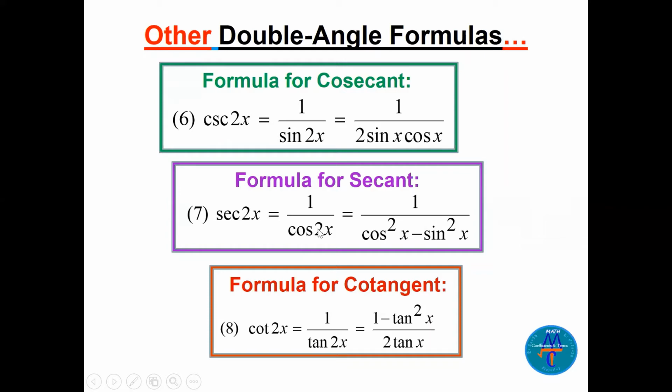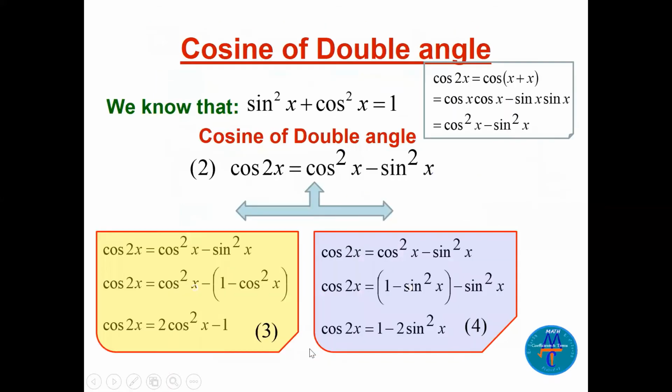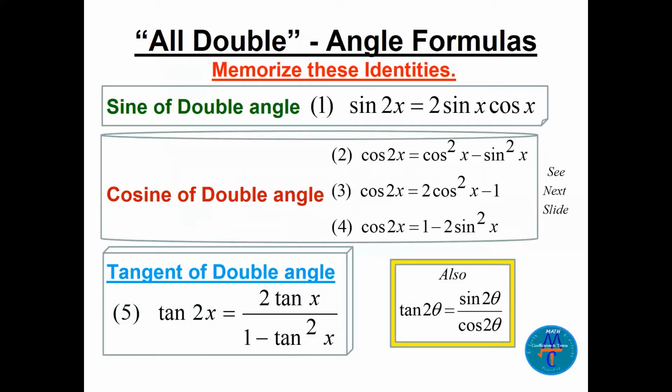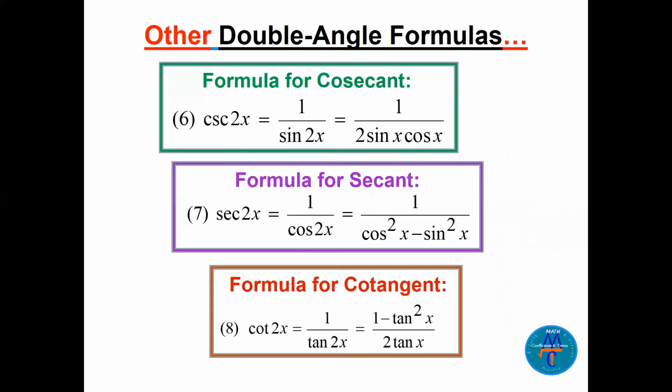Remember, in the cosine of 2x, there are 3 formulas to use. I put here only one of them. If you need cotan of 2x, reciprocal, 1 over tan of 2x. We know tan of 2x, see the formula number 5 there. And then take the reciprocal, it will be 1 minus tan squared of x divided by 2 tan x.